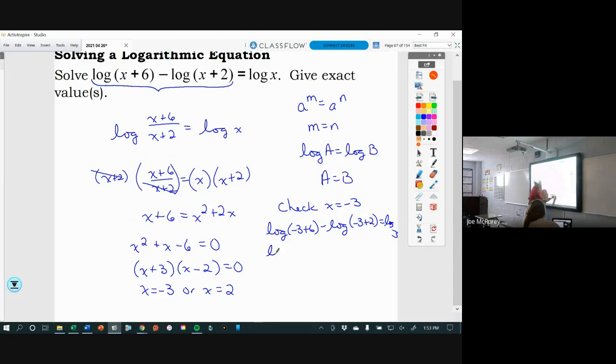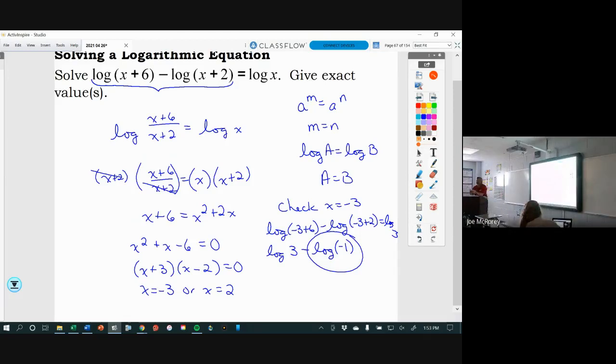Negative 3 plus 6, I have log of 3 minus log of x plus 2, negative 3 plus 2, negative 1. That's a problem.